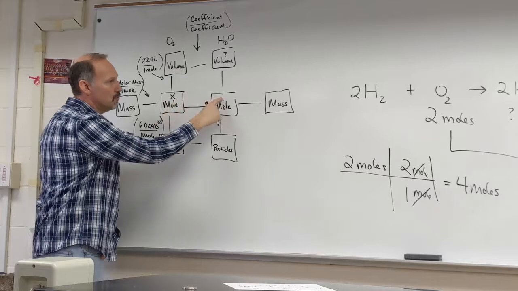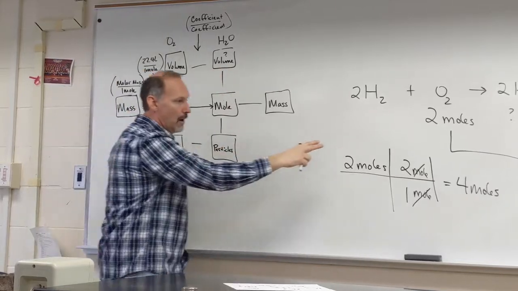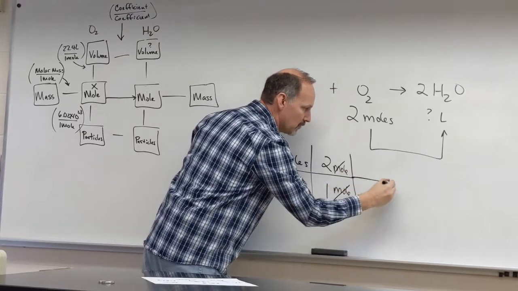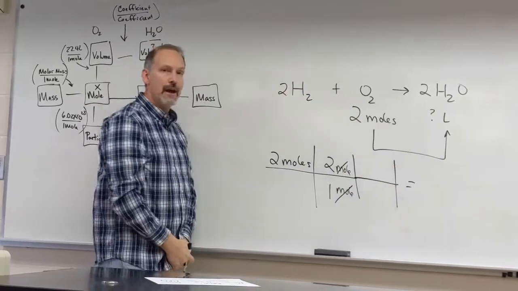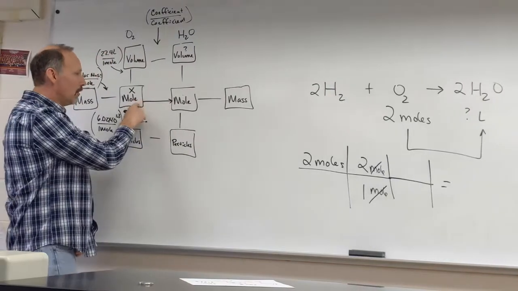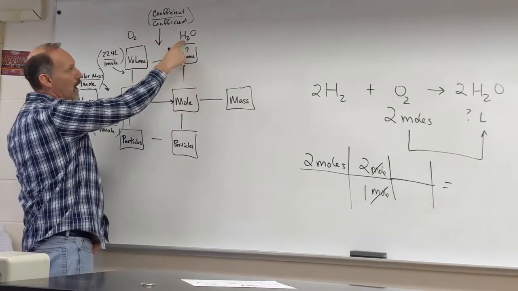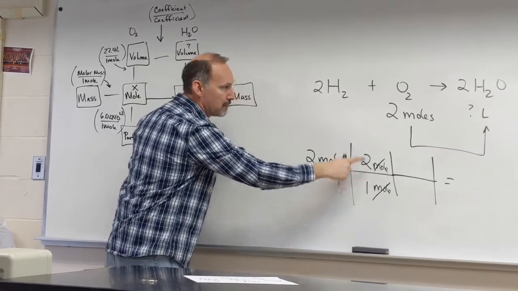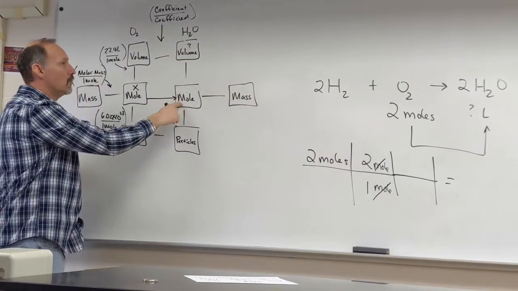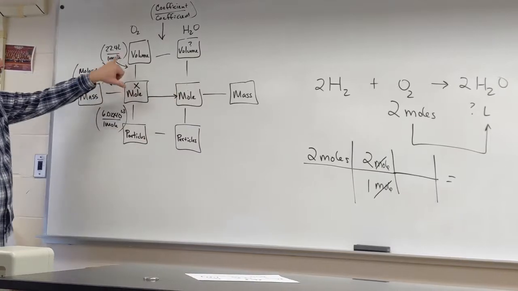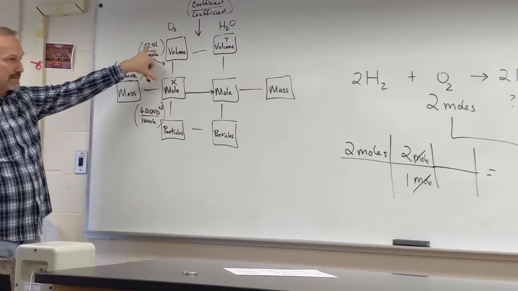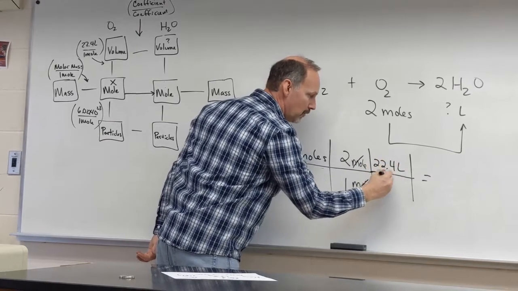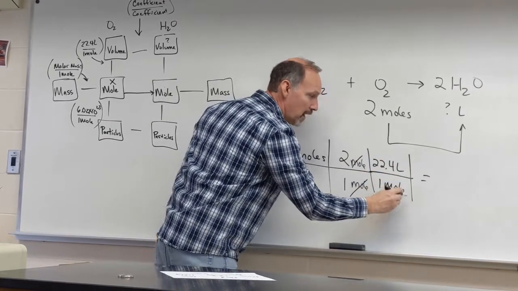I have 2 jumps to make, so my problem involves 2 brackets. So I need to add on another bracket. Going from mole to mole, it's still the same. I want the water's coefficient on top, and the oxygen, the one we came from, on the bottom. But now I want to go to volume. Volume, I need a 22.4 liters on top. And then I put 1 mole on the bottom, because the one you want goes on top.